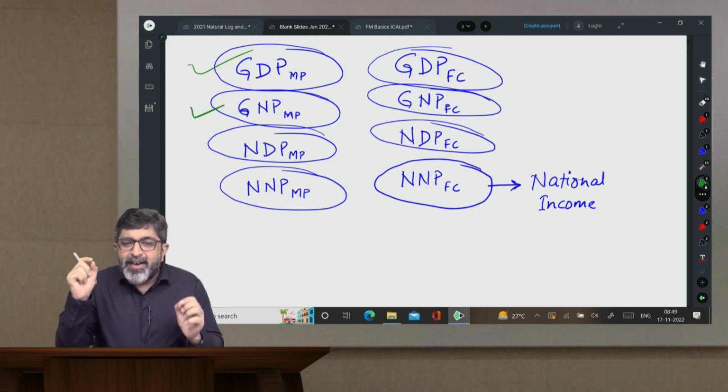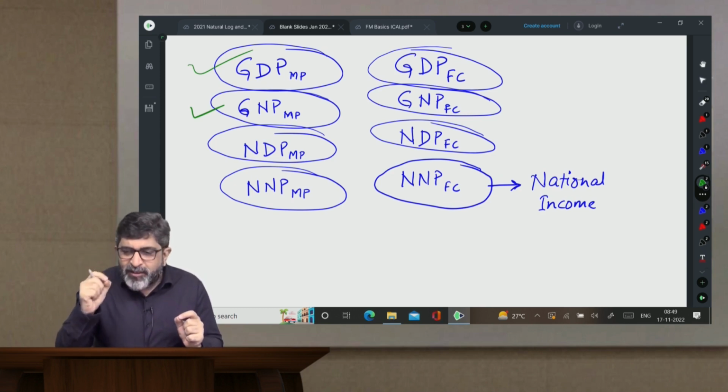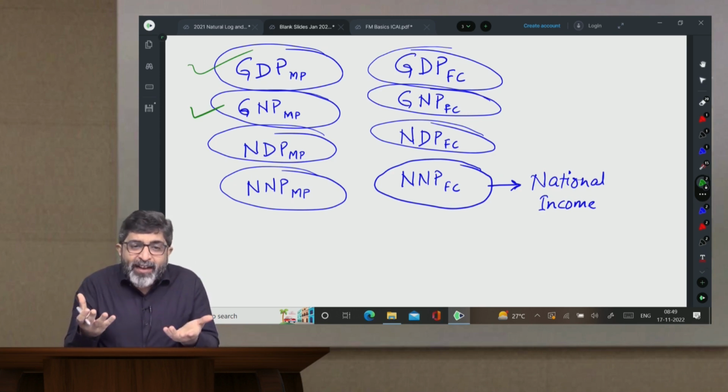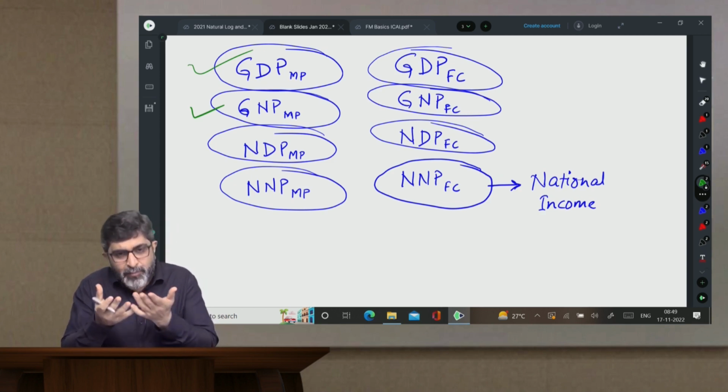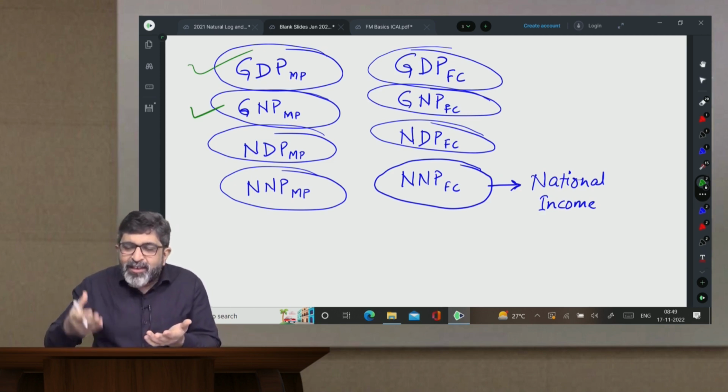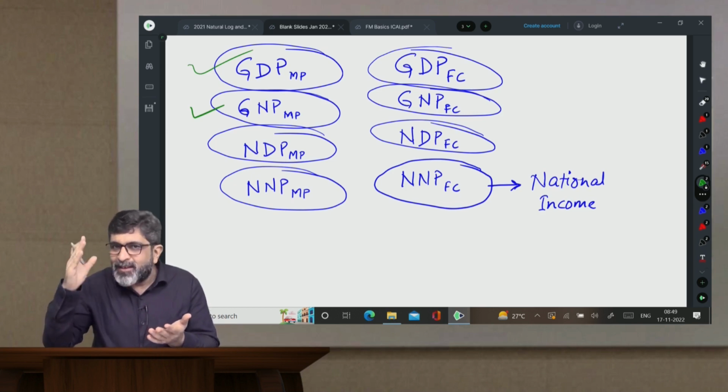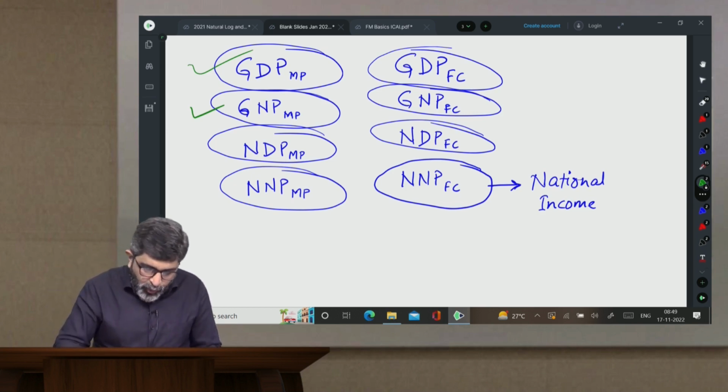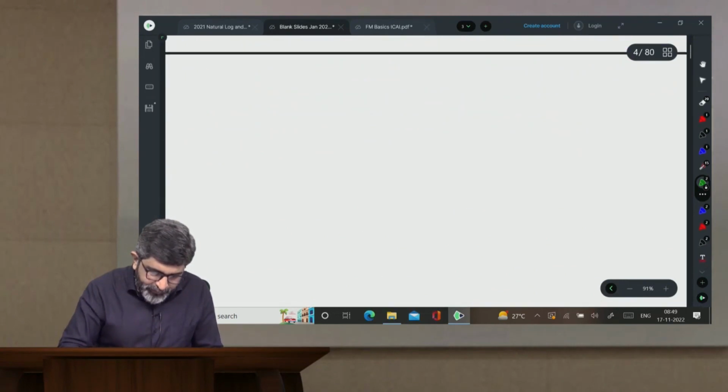Very simple, depreciation. Depreciation is what you have to subtract from gross domestic product at market price to land up at net domestic product at market price. So I'm going to write that one equation over here.